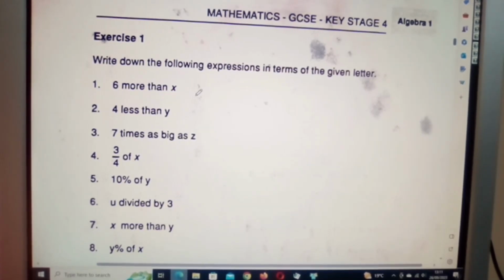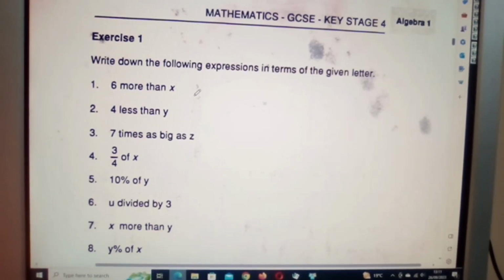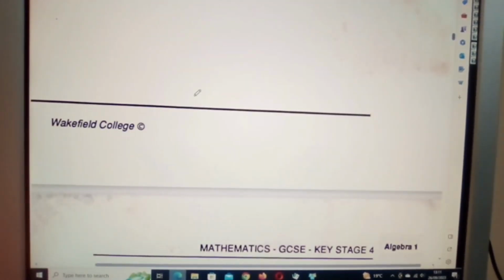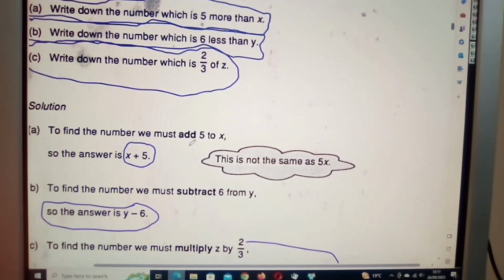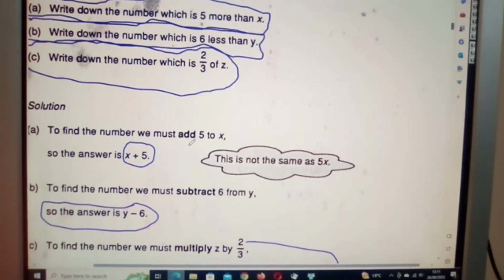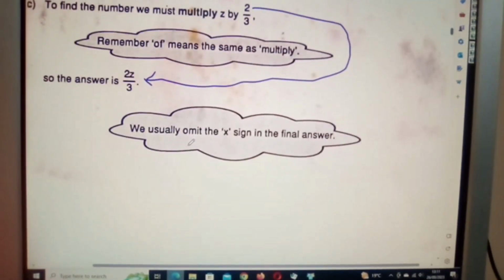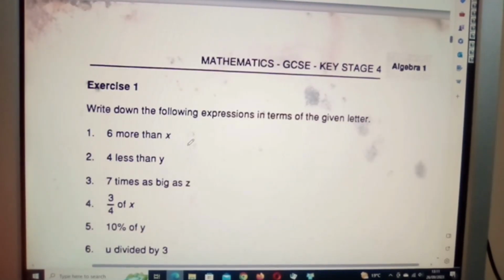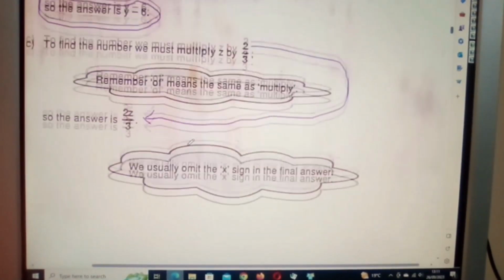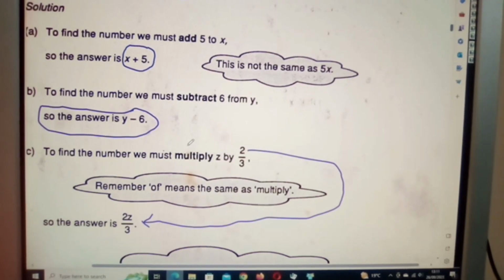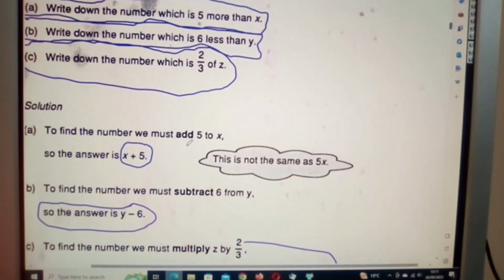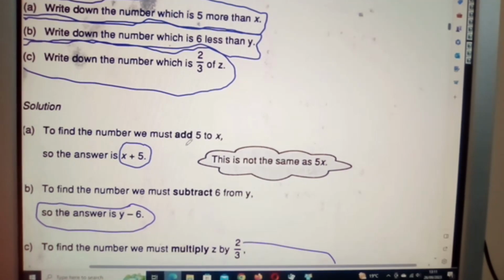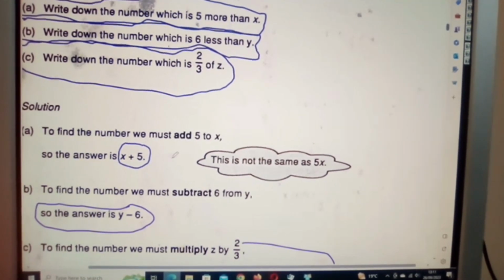And here we are, 6 more than x, okay? And if you go back, you've just done that here already, okay? You've just done that, so you will have x plus 5 in this case here, okay?